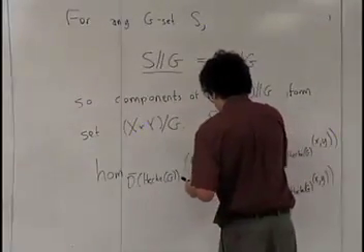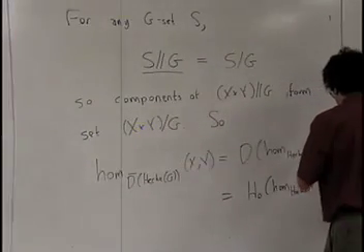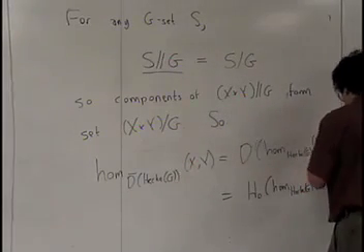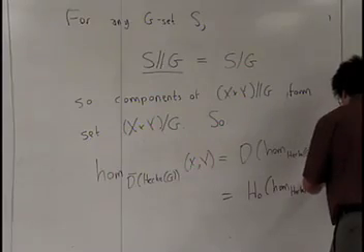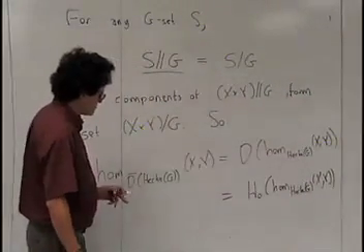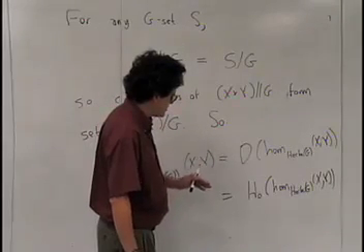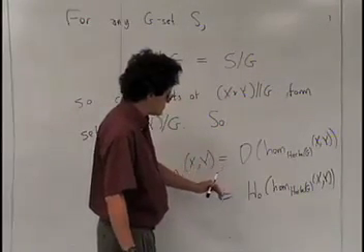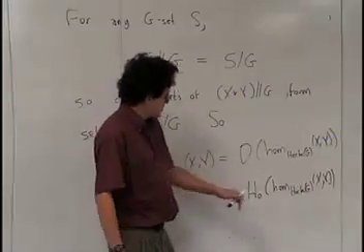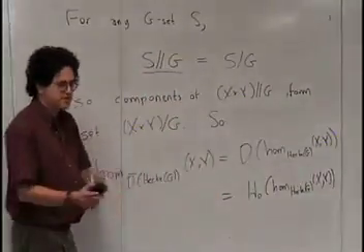Like you seem to suddenly remember, the homology of a groupoid is just the free vector space on the set of components.